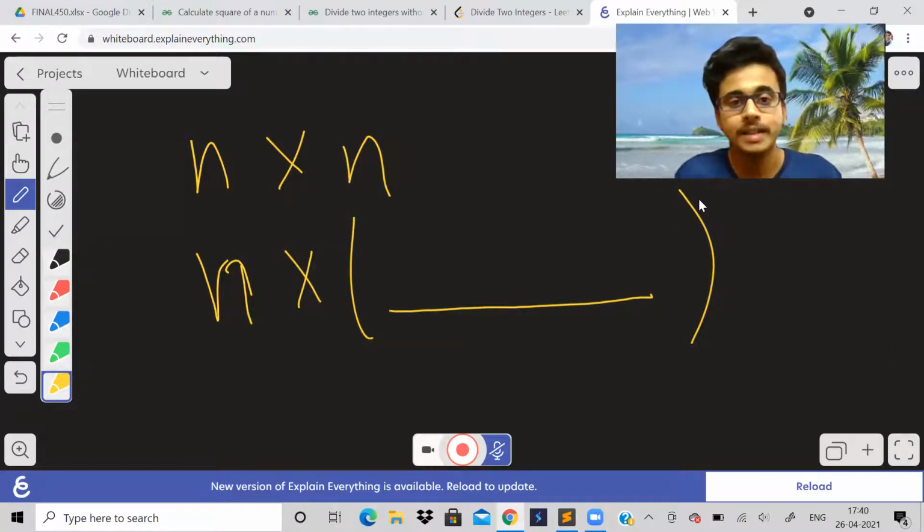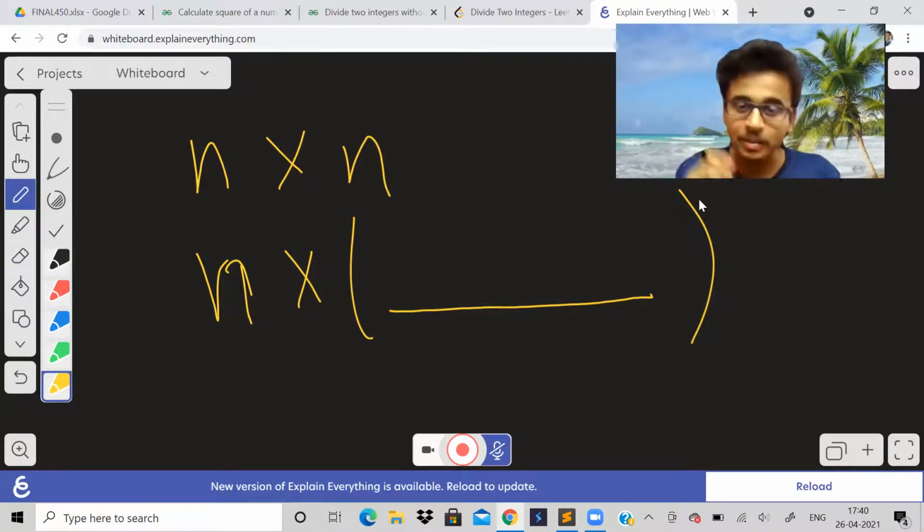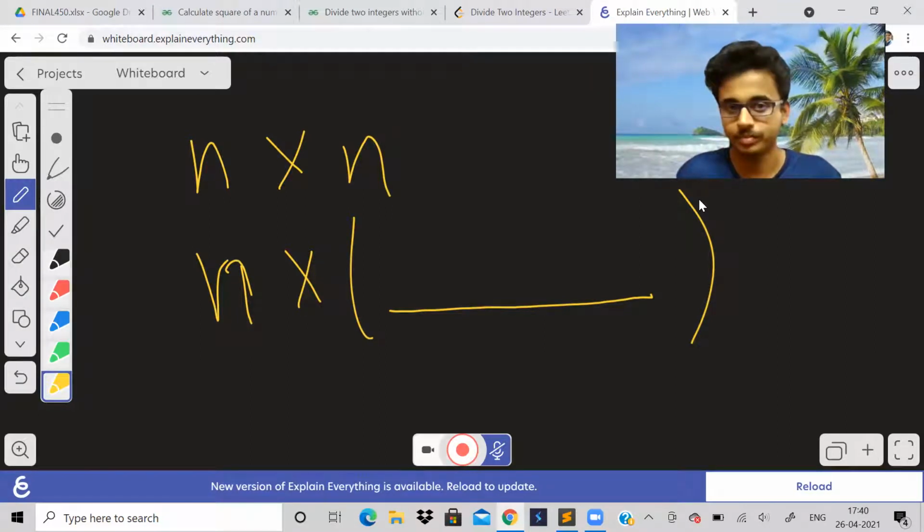If you want to express 9 as a sum of powers of 2, 1 plus 8. What about 15? 1 plus 2 plus 4 plus 8. So each and every number can be expressed as sums of powers of 2.